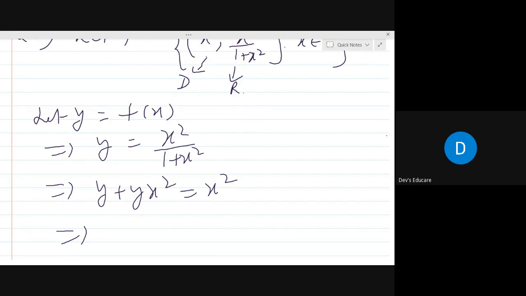That means we simplify the equation in such a way that we get x as a function of y.